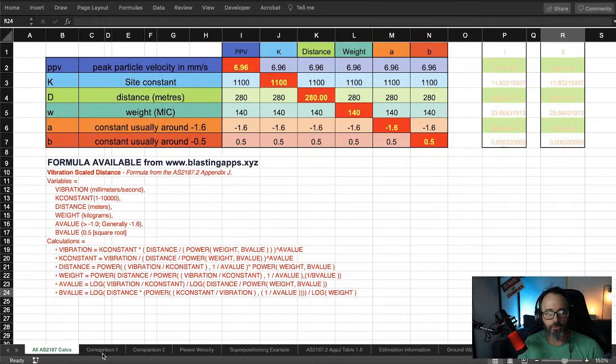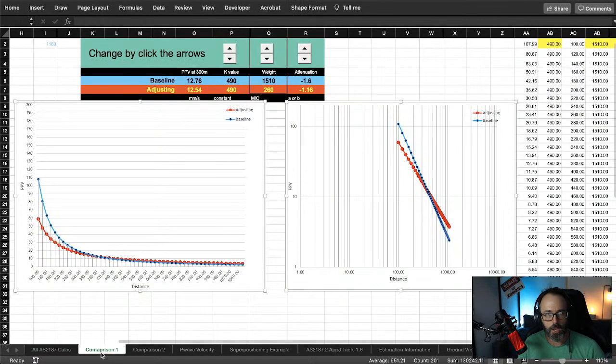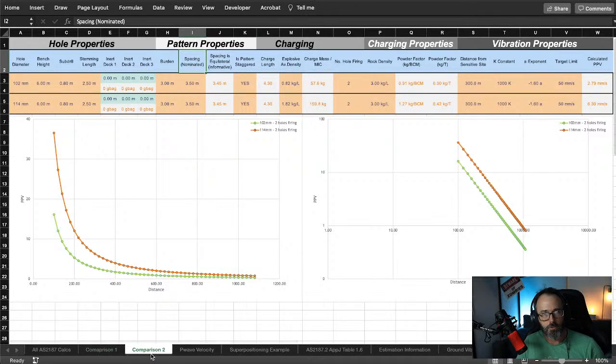I'd like to run through another sheet where we talk about the difference between a log graph and a standard linear graph, which, because the formula has an exponential component, looks like a curve. Then we move on to show a bit of what a different blast hole impact has if everything else stays the same.